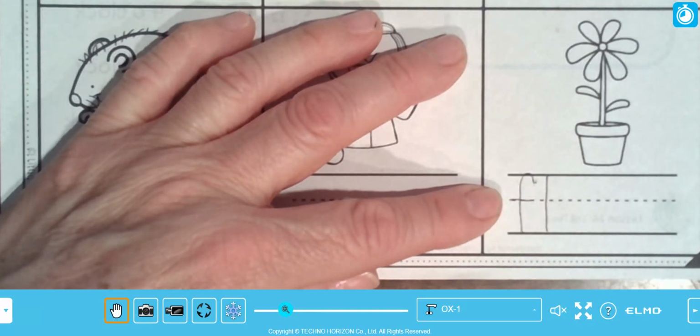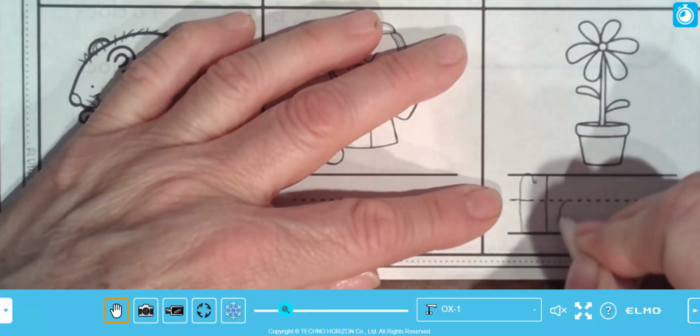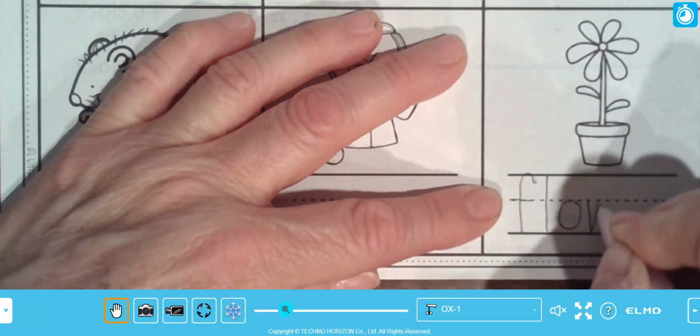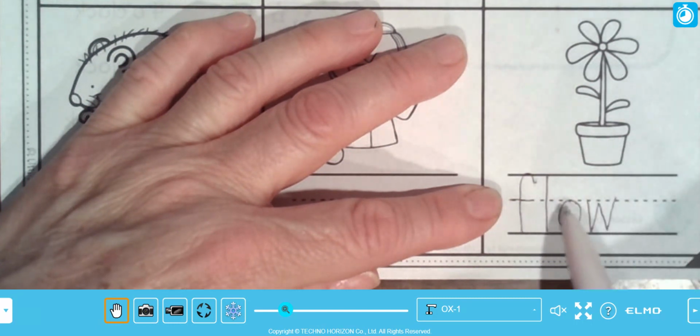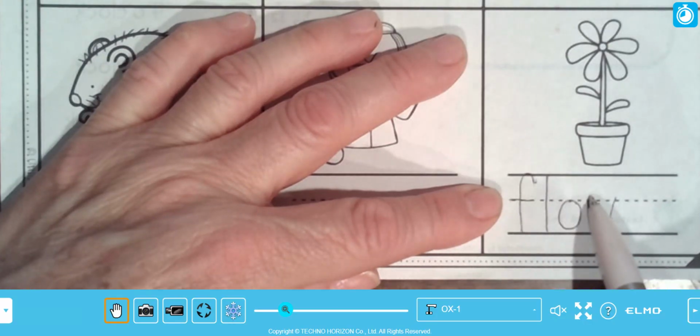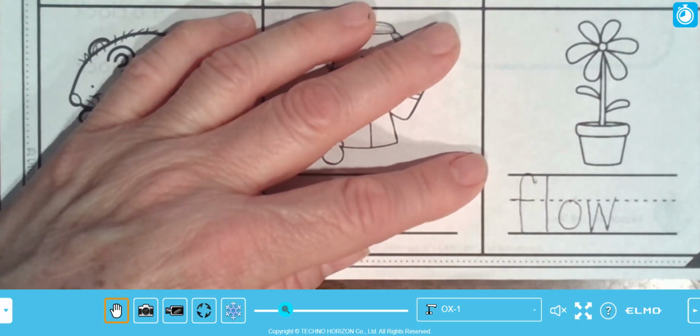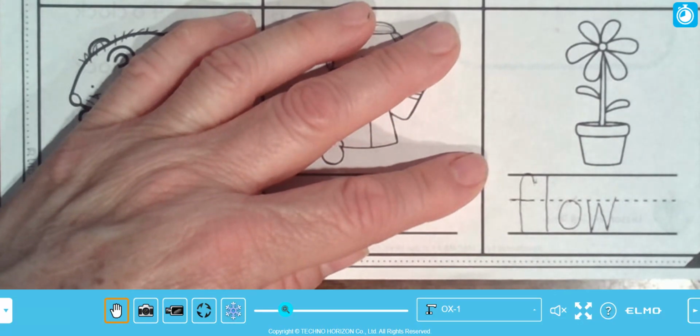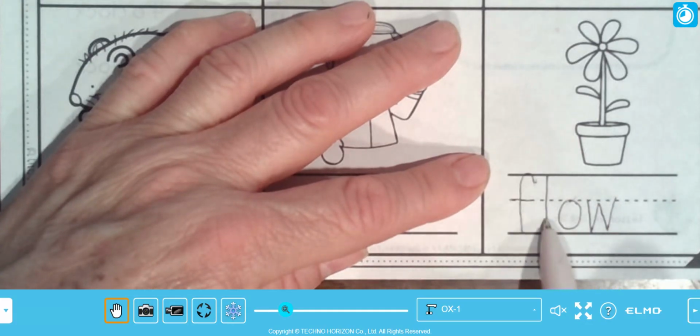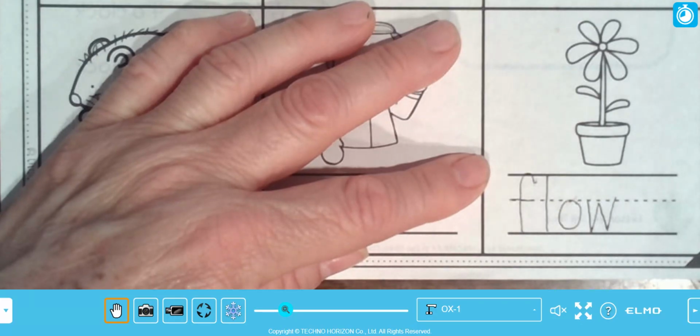Okay, now ow. Ow is the O and W together. And both of these start right here at the dashed line. Go down to the bottom, back up to the dash. So dash to the bottom, up to the dash, down to the bottom, up to the dash. This one, dash to the bottom, back up to the dash. Okay, so ow, and then what makes the sound?